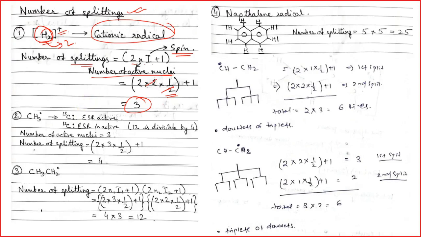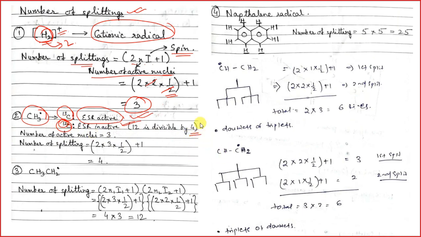Similarly, if you have CH3 radical, we may have two types of isotopes: C13 isotope and C12 isotope. The C13 isotope is an ESR active atom, whereas the C12 isotope is ESR inactive, as its atomic mass 12 is divisible by 4.